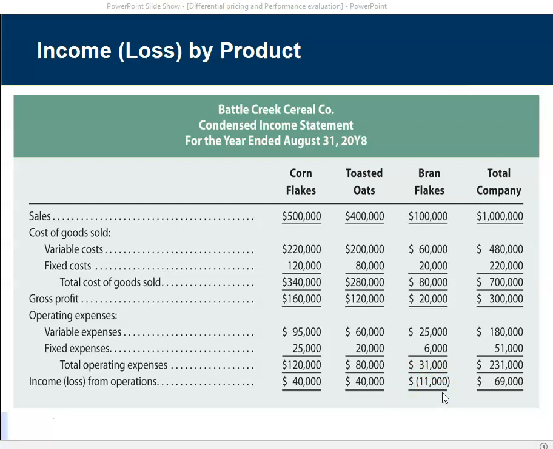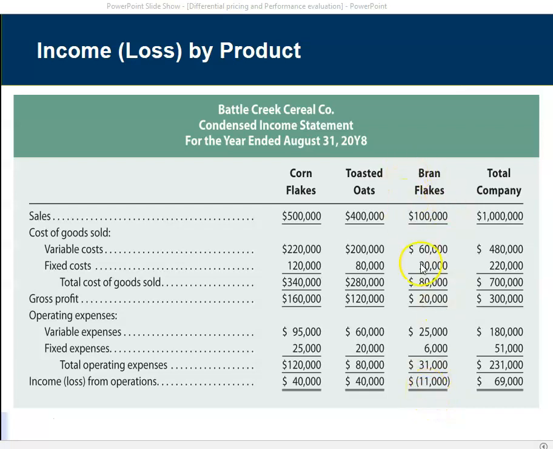That doesn't mean that we would necessarily automatically eliminate this segment because we might want to keep our bran flakes just so that our competitors don't make even more money off of our absence in that market. But certainly if we have $26,000 in fixed cost, and let's just say that this income or loss from operations was, say, negative 50,000, well, then it becomes an easier decision.